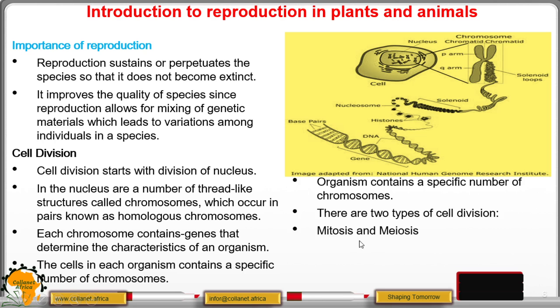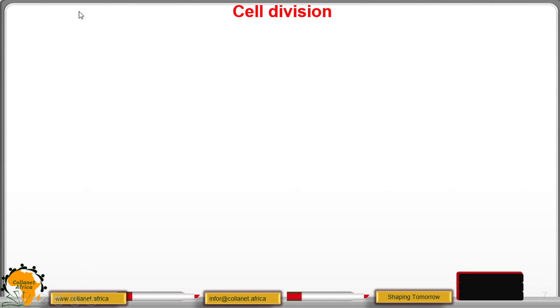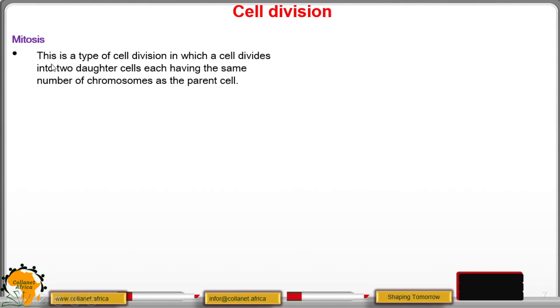We have mitosis and meiosis, and these stages occur in a smooth and continuous pattern. We shall look in this lesson at mitosis first. And mitosis is a type of cell division in which the cell divides into two daughter cells, each having the same number of chromosomes as the parent cell.